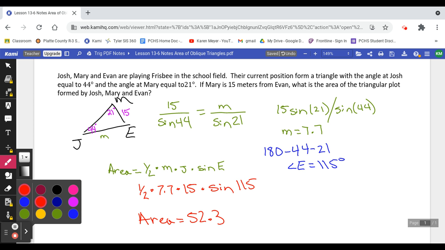And then since it's a word problem, they give me a label, and if you look up here, it says that the label is in meters. So you can't just put meters here. Got to remember, if we're talking about area, that would be your measurement squared. So you do have to put in meters squared. And you're done.